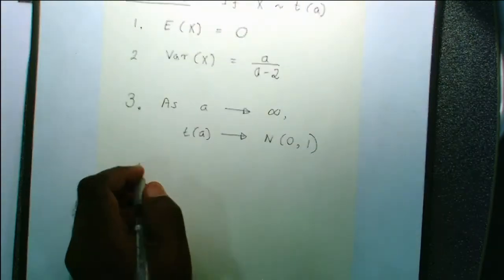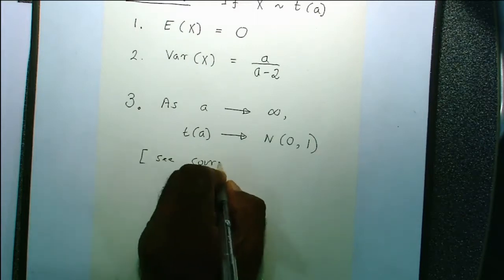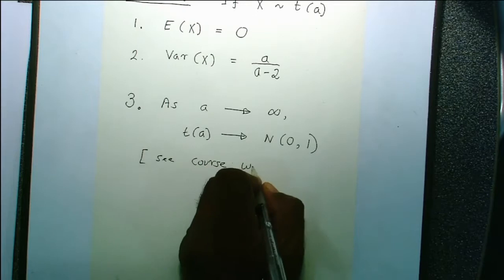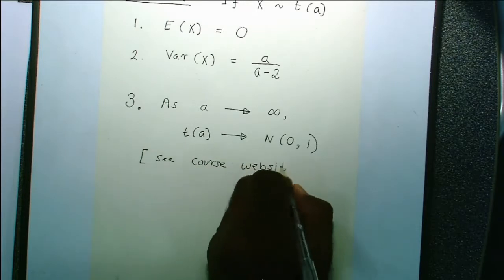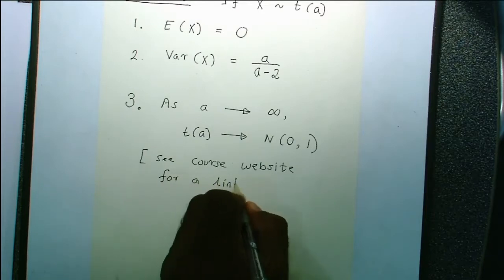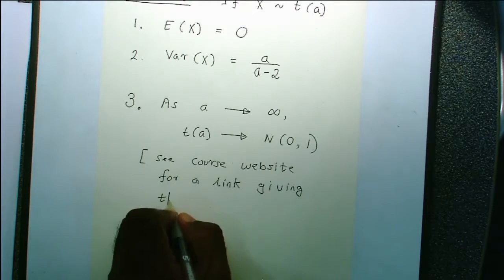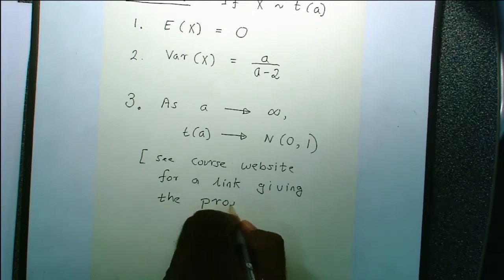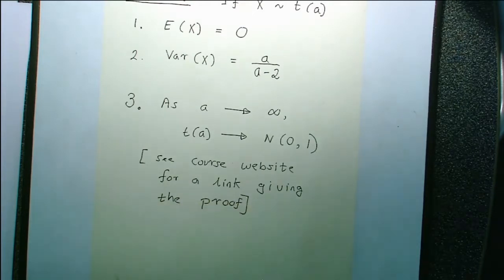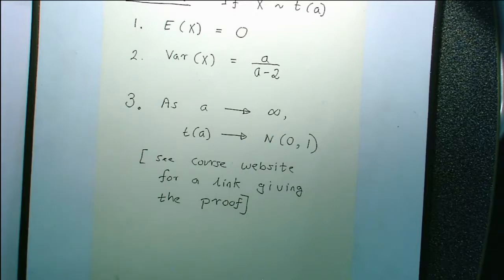But if you look at the course website, all of you know where the course website is, the proof of number 3 is given at a link at the course website, right?